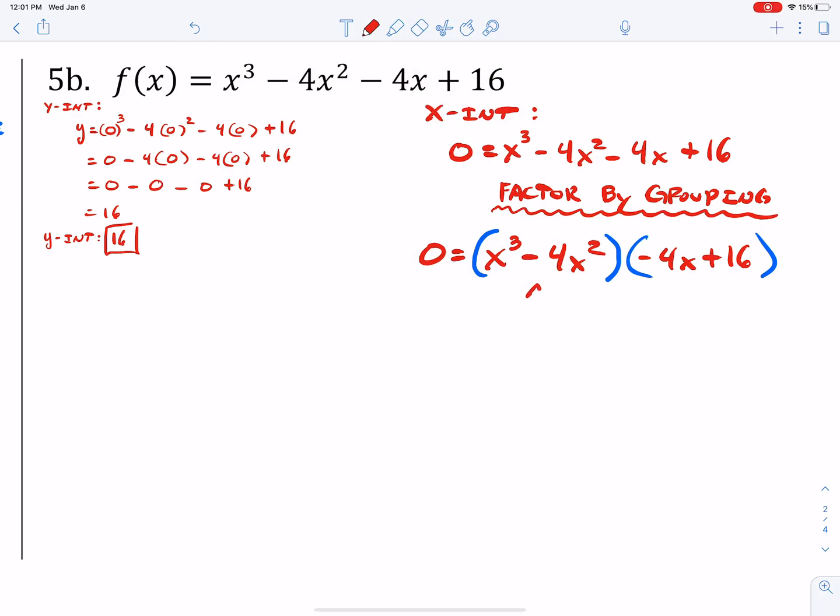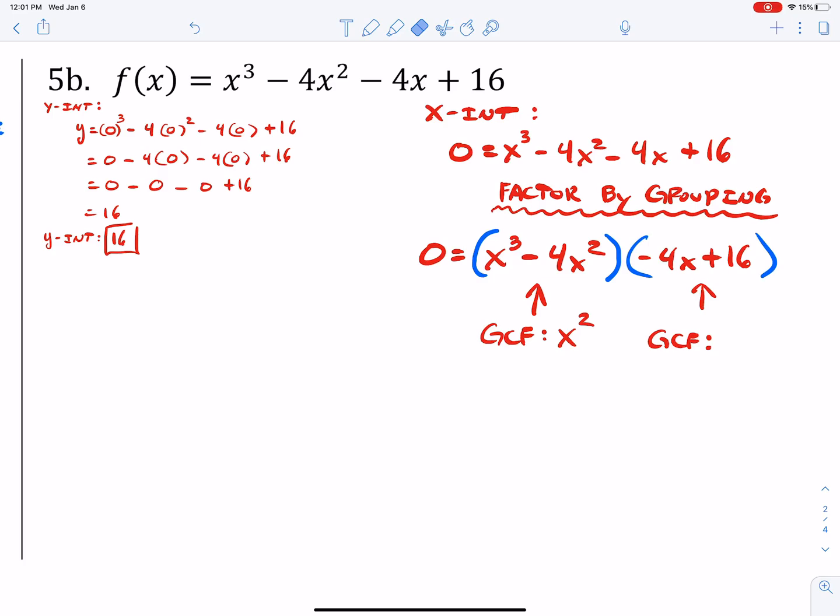So the greatest common factor here for this first group: I need to figure out something that goes into x cubed minus 4x squared. Well, what goes into both of those is an x squared. And then my greatest common factor here, I need to figure out something that goes into negative 4x and a positive 16.